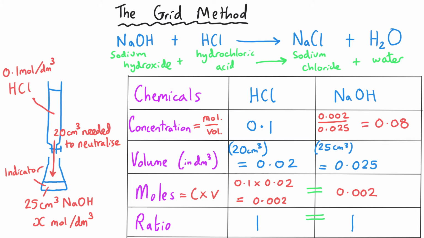If we take a look at these two volumes, they are 20 and 25. Since the mole ratio is 1:1, it must be the case that the sodium hydroxide is a little bit less concentrated because we needed a bit more of it in order to cancel out our hydrochloric acid. So 0.08 is a little bit smaller than 0.1, so we can be confident we've got the right answer.